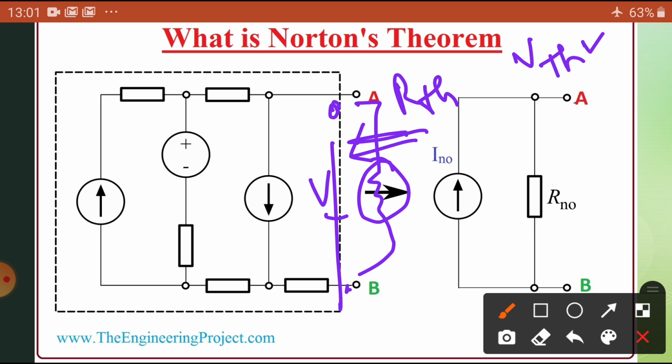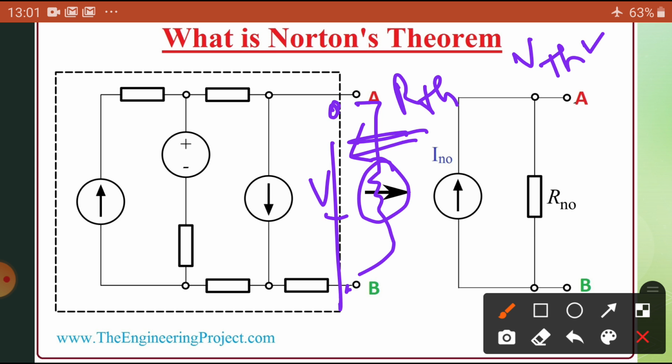Similarly, the same procedure we used to calculate R Thevenin in a complex circuit, you apply in Norton's theorem also. Once again, follow the same rules to find R Thevenin in a given circuit.